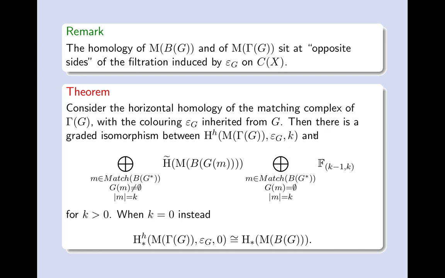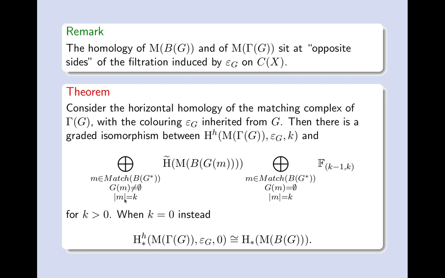Then we have a graded isomorphism of the horizontal homology of this matching complex in degree k, and this sum, where these summands on the left are the reduced homology of all the matching complexes of the barycentric subdivision of the complements of the matchings on the dual graph, if these graphs are non-trivial.